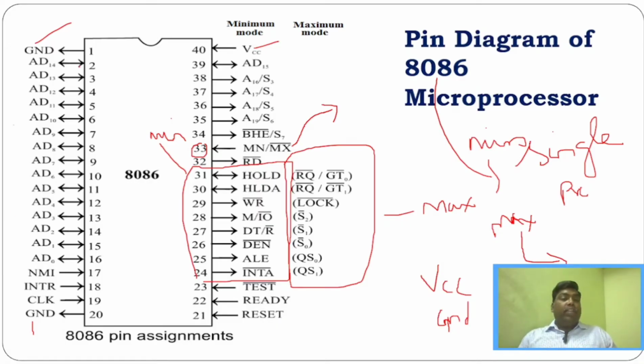And apart from that, we know that it has a 16-bit data bus. As I said, it has 16-bit data lines and 20-bit address lines.